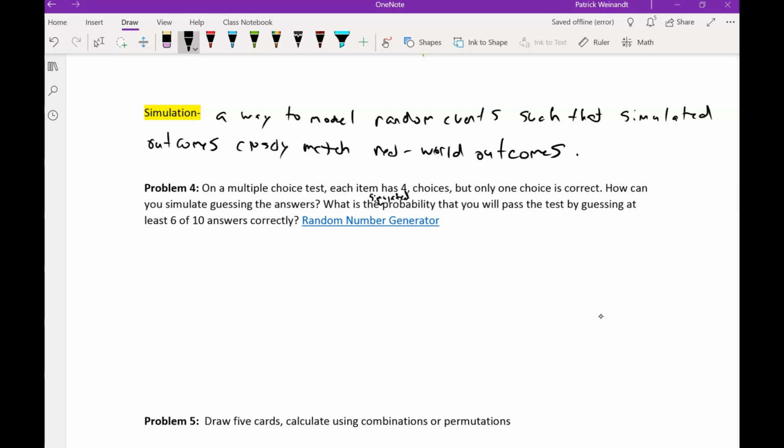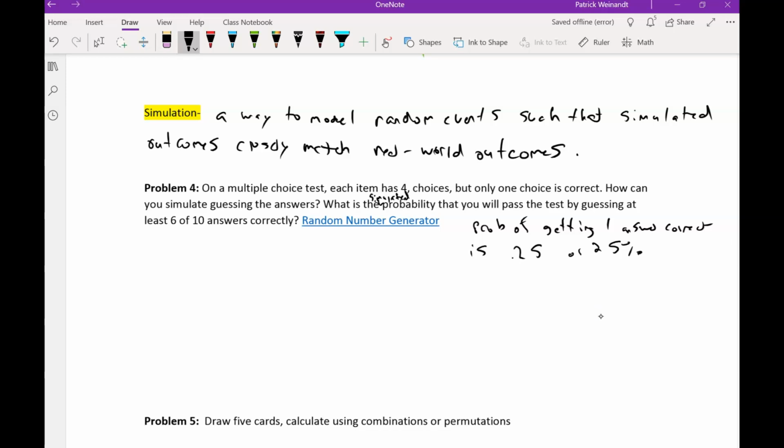Well, the probability of getting one answer correct is 0.25, right? 1 in 4, or 25%. So that's the probability of getting 1 correct.